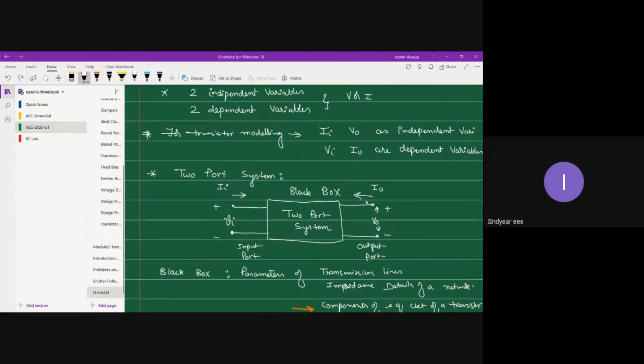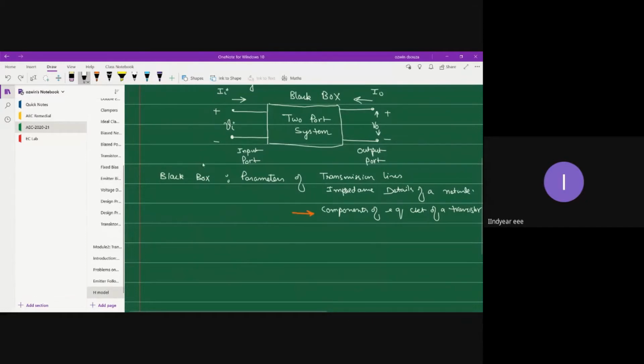Out of these four variables for transistor modeling, we have chosen input current and output voltage as independent variables, and input voltage and output current as dependent variables. Now that we have described the different voltages and currents, we can try building the relationship between these four variables.